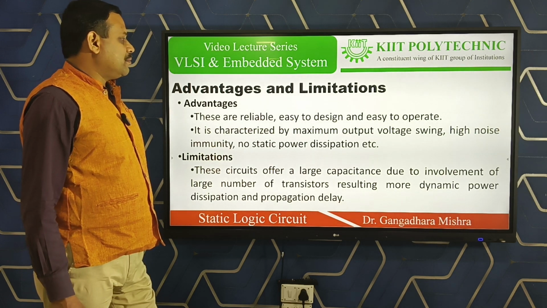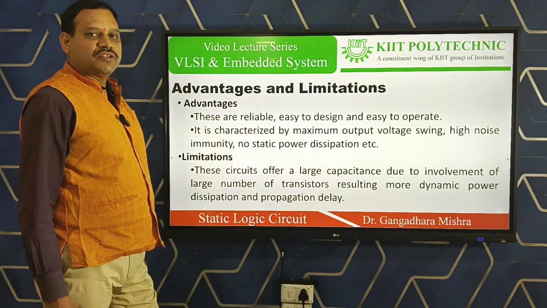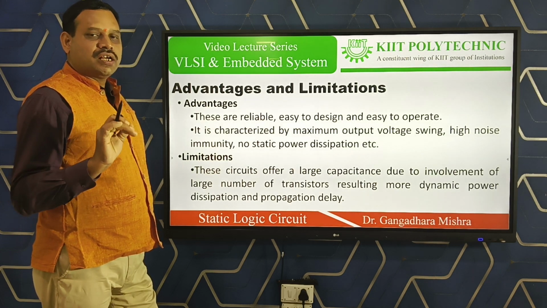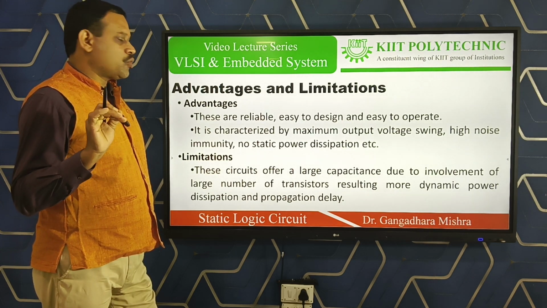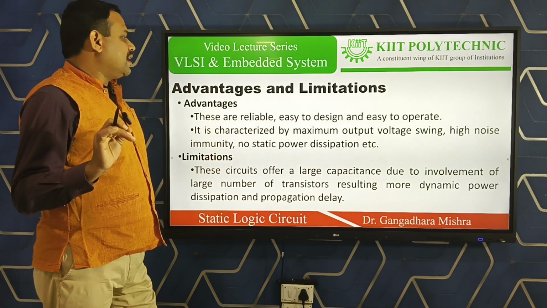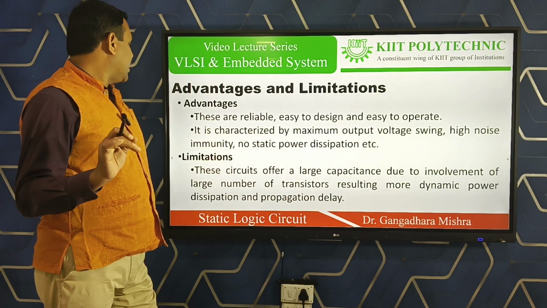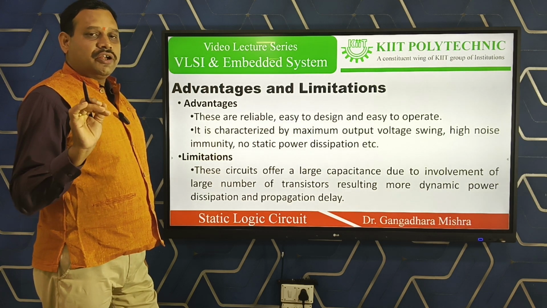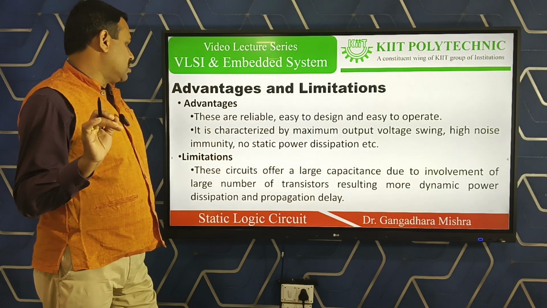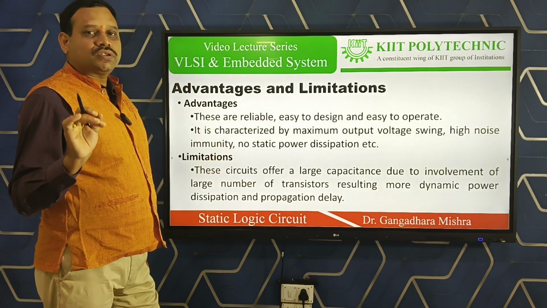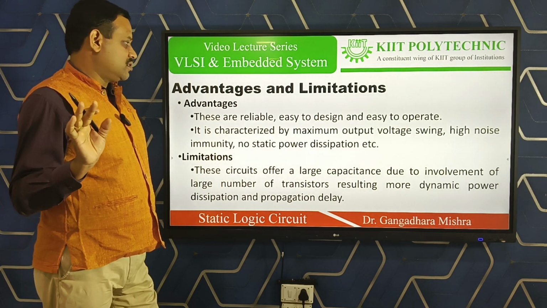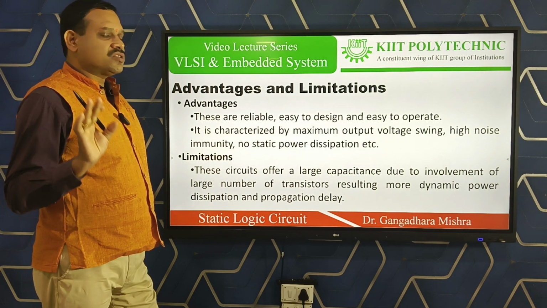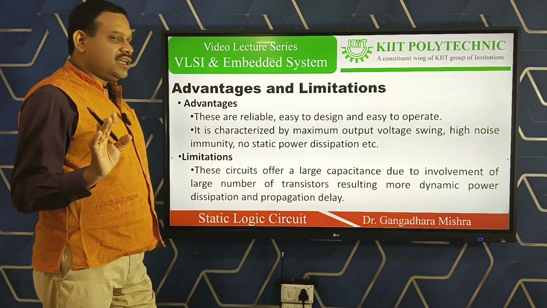Second, it is characterized by maximum output voltage swing, that is, logic 0 state is assigned the ground state and logic 1 state is plus VDD, and it also has a very high level of noise immunity, that is, during the transition it will have a sharp transition, and there is no static power dissipation. So these are all the advantageous aspects of CMOS static logic circuits.